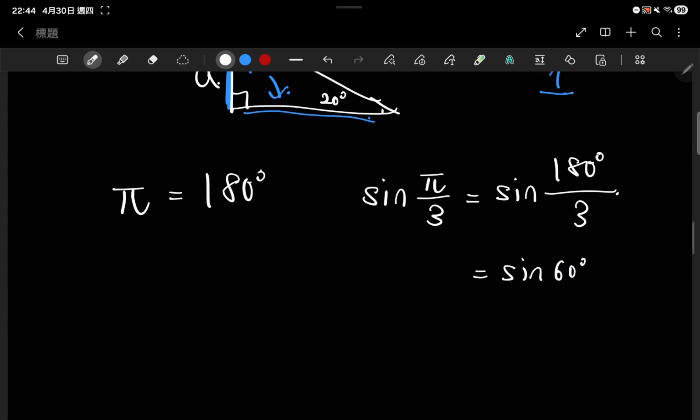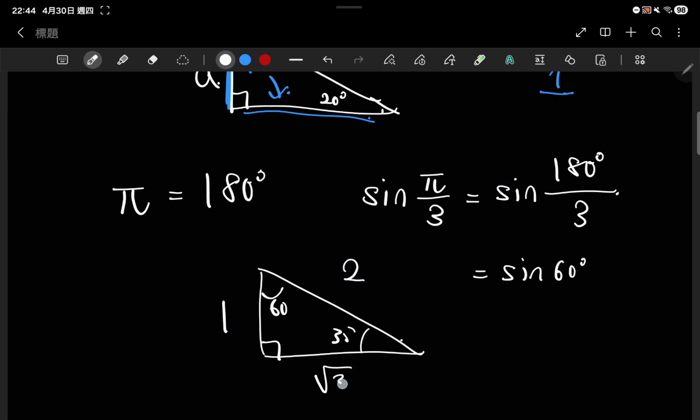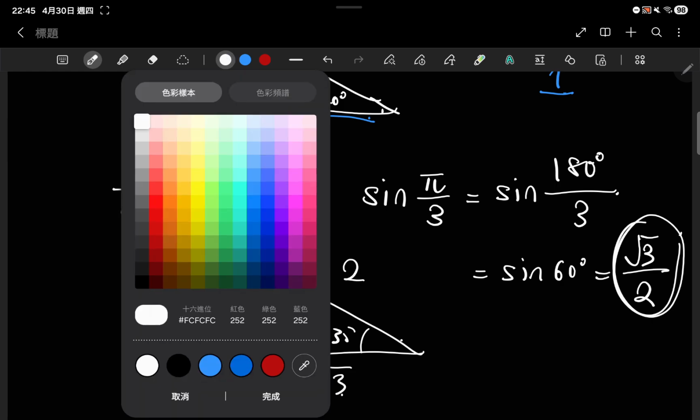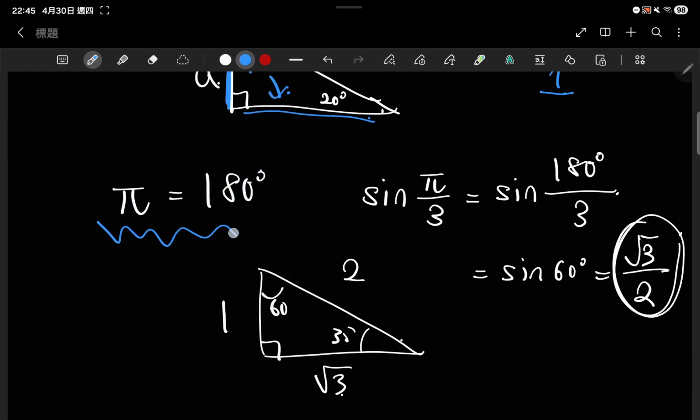And you can draw the triangle: 60 degrees here and 30 degrees here, and 1, 2, root 3. So sine 60 is root 3 over 2, right? We finish. Okay, so just remember pi equals 180 degree.